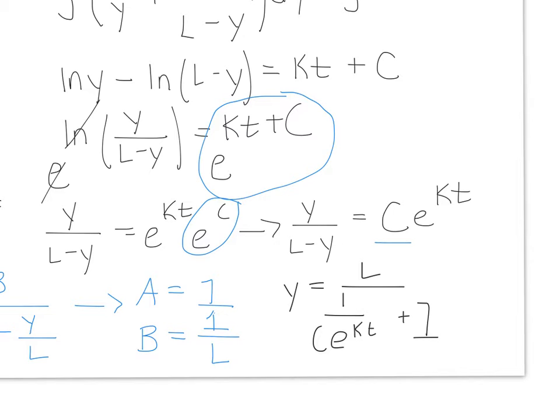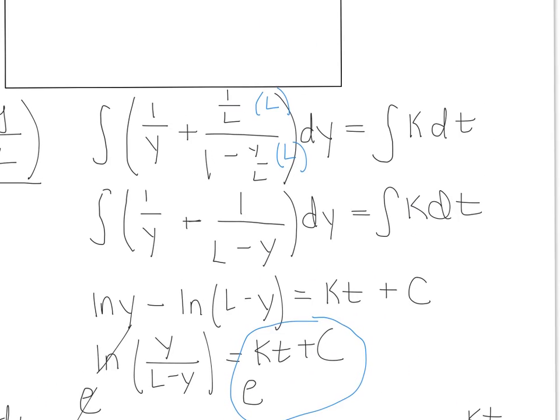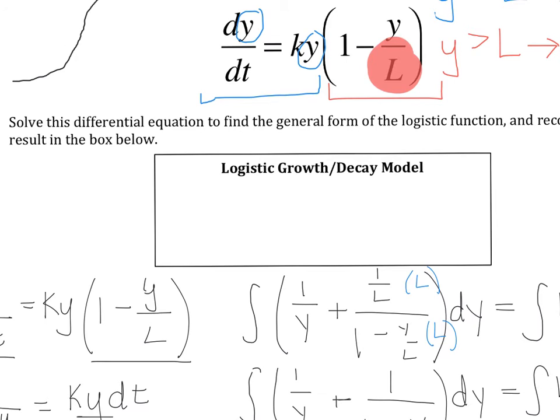Up in the box up top, I'm going to show you how we more typically notate that. We give it as y equals L over 1 plus c e to the negative kt. And that's just to avoid complex fractions.